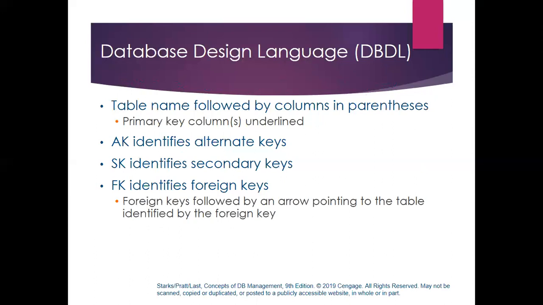The columns that make up the primary key are underlined. The abbreviation AK identifies alternate keys. The abbreviation SK identifies secondary keys. The abbreviation FK identifies foreign keys. Foreign keys are followed by an arrow pointing to the table identified by the foreign key.